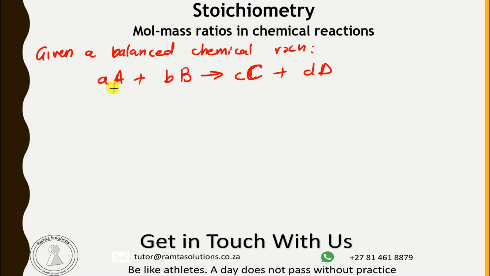Now, when you are given this balanced chemical reaction, to relate the number of moles, you can say the number of moles of substance A over its coefficient is equal to the number of moles of substance B over its coefficient. It is also equal to the number of moles of substance C over its coefficient, and the number of moles of substance D over its coefficient.